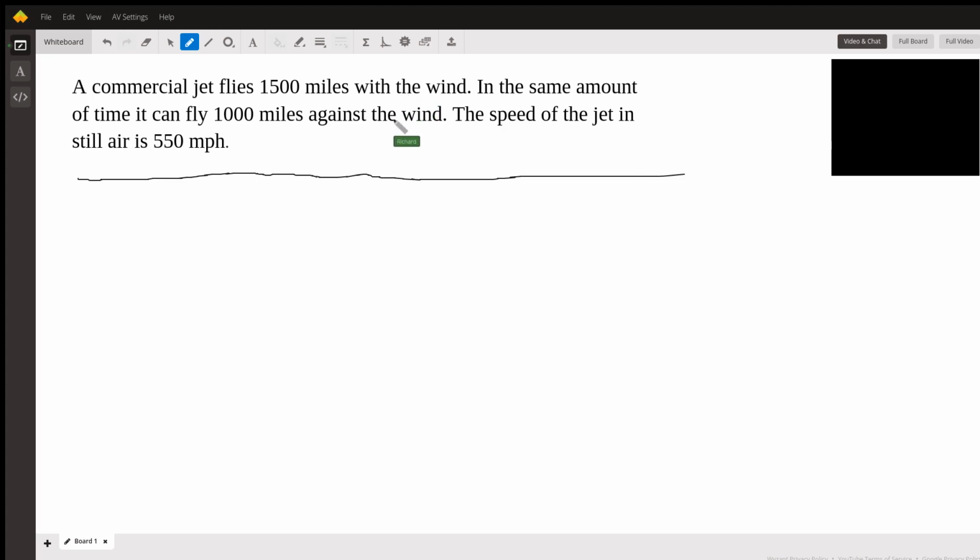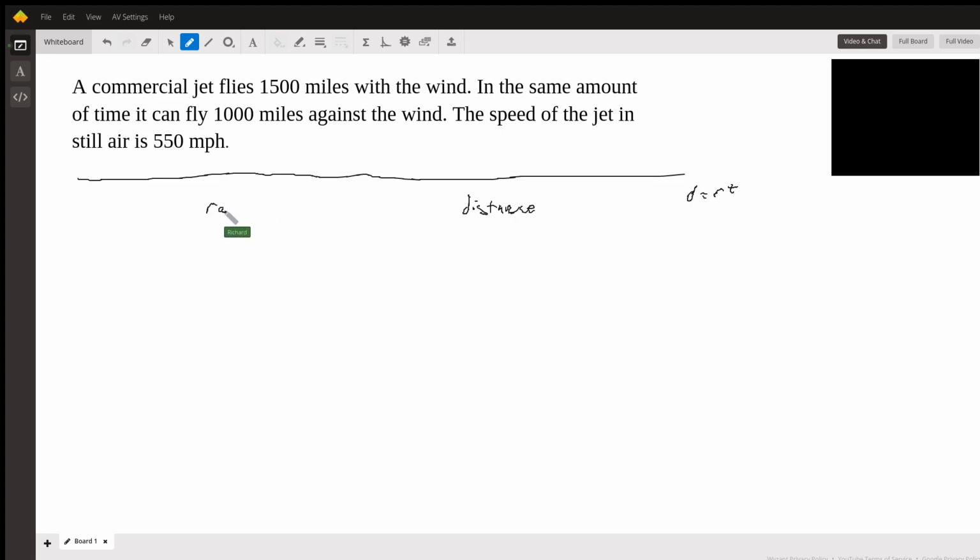I always do these with a table, and the table is organized around the famous formula distance equals rate times time. But I'm going to put the distance over here, and you'll see it just makes for a nicer table.